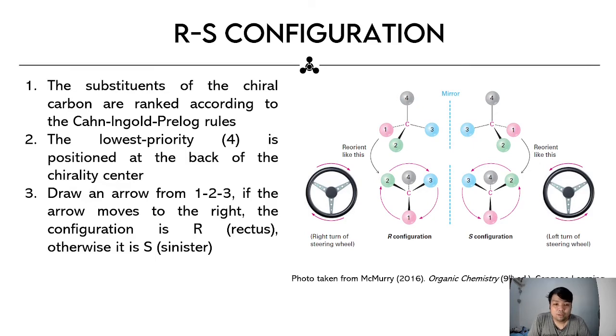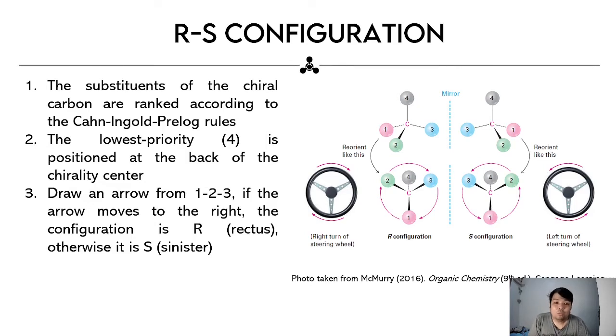Now, the lowest priority, which is number 4, since we only have 4 different substituents in a tetrahedral carbon, is positioned at the back of your chirality center. Then after that, you draw an arrow from 1 to 3 as if you're driving a steering wheel.